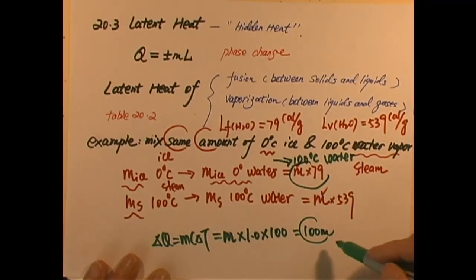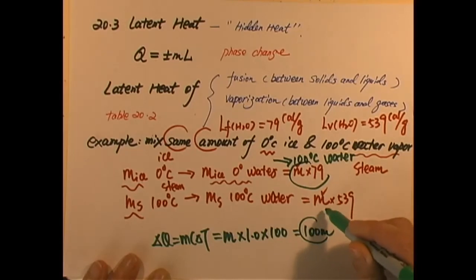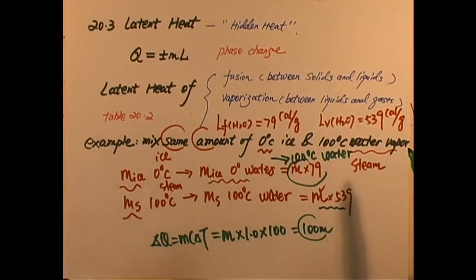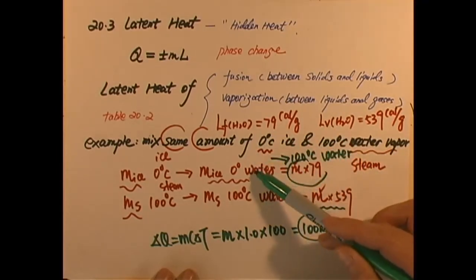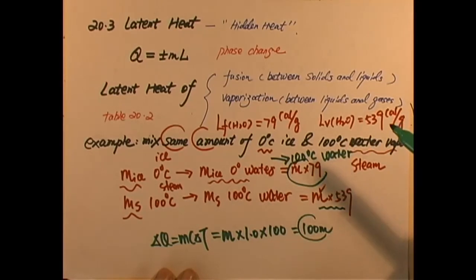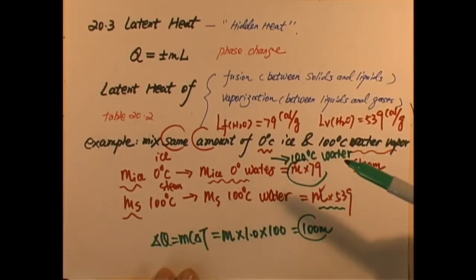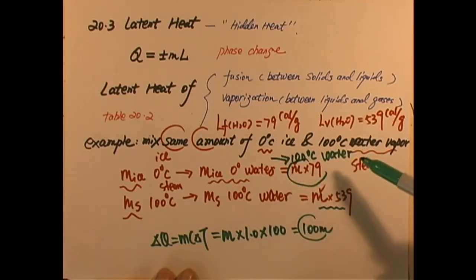So it needs only 179 m. But as a matter of fact, that steam can provide that much. So what happens is eventually the system will be all the ice melted, all the 0 degrees water goes to 100 degrees, and eventually this is a 100 degrees water and steam mixture.